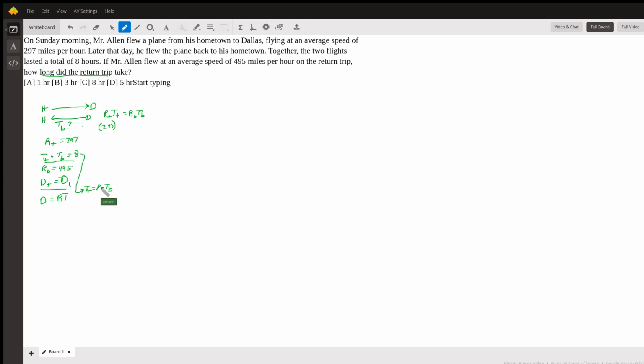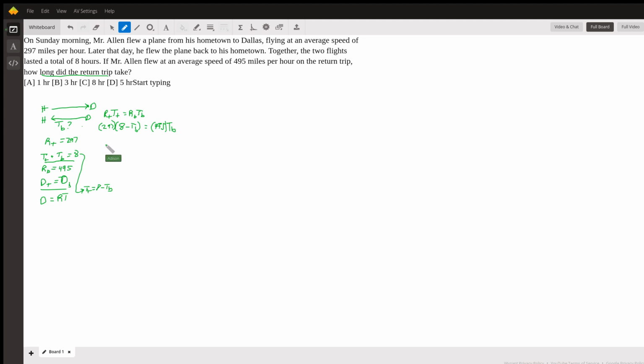So now let's plug this into our equation right here, which is 8 minus time back equals the rate back, which is 495. I'm sorry, my computer's having a little bit of a lag, but we'll catch up. All right, times the time back from Dallas. Now, if we look at what we have right here, we have just time back, which is what the problem is asking us.